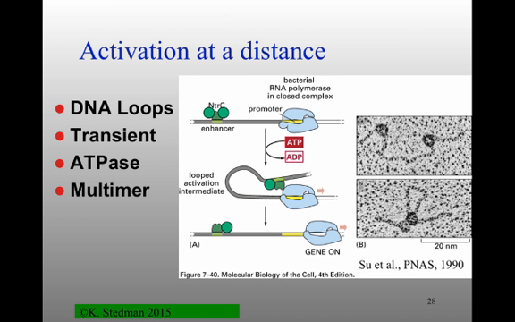The other thing, and in fact the major part of my PhD thesis, was that the interaction between these two, this middle step here, the looped activation intermediate, only happens very, very briefly during that process. There's also ATP hydrolysis. ATP hydrolysis, it turns out, takes place by the enhancer binding protein, and that's critical for getting open complex formation.